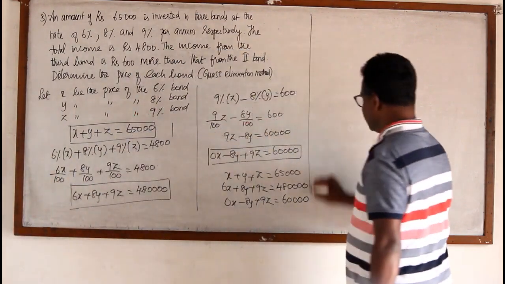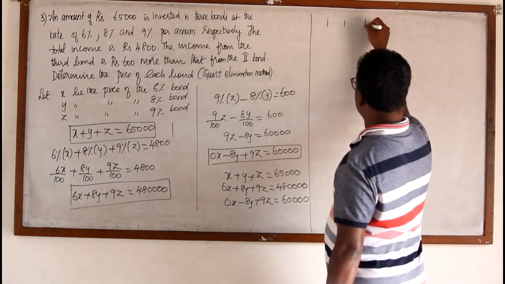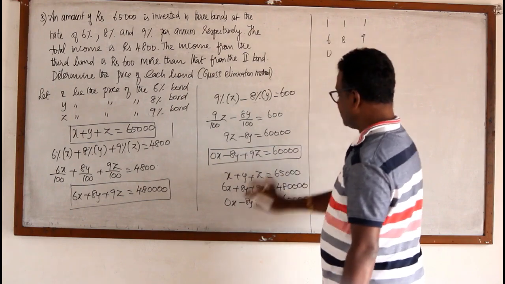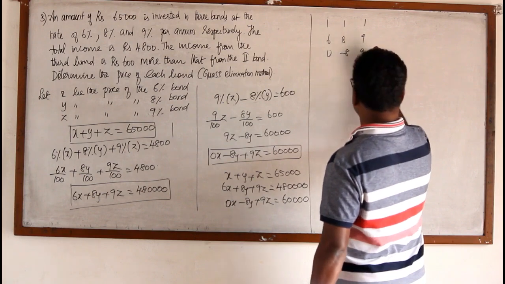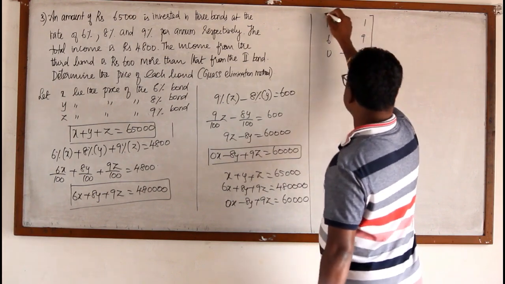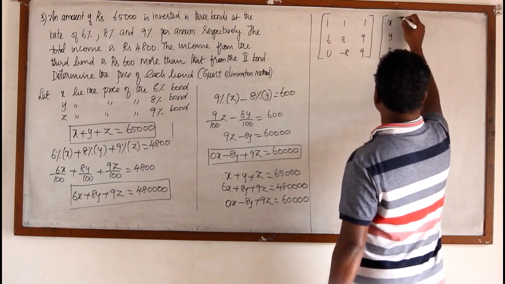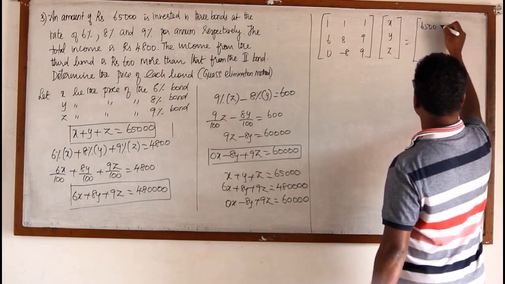So these are my 3 equations. If I go for matrix format: 1, 1, 1, 6, 8, 9, 0, minus 8, 9. This is one matrix, and this matrix is x, y, z. This is equal to 65,000.